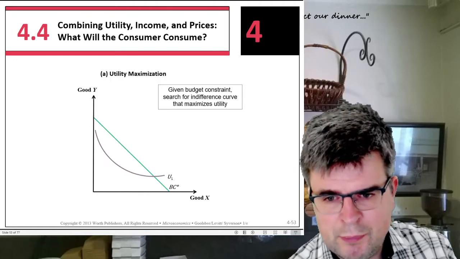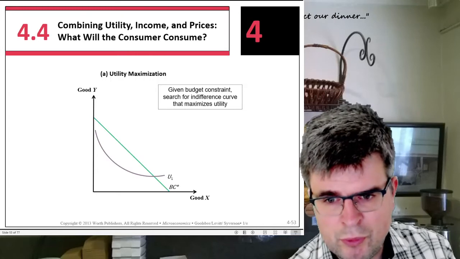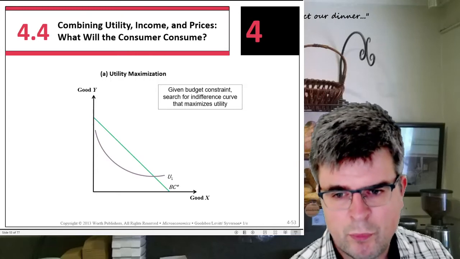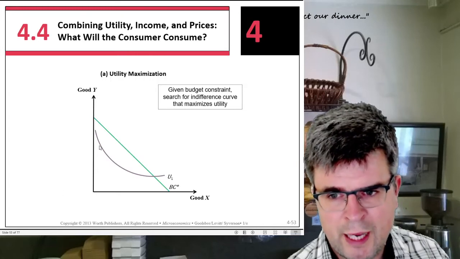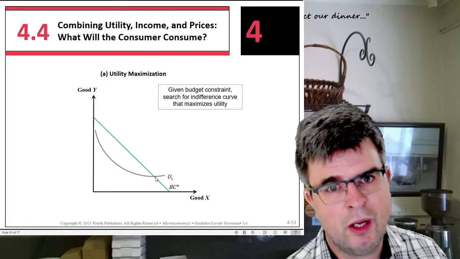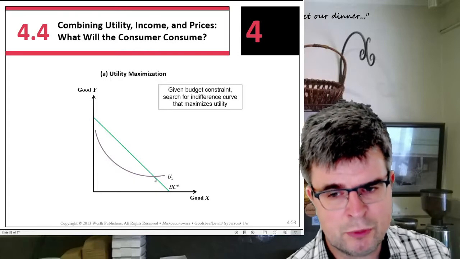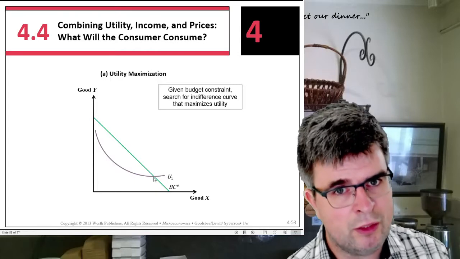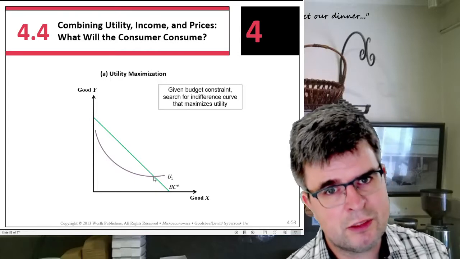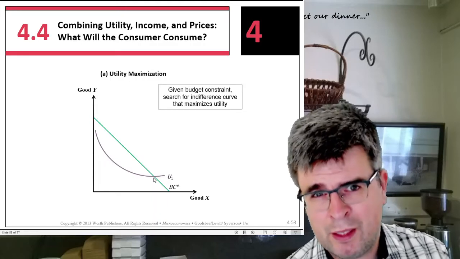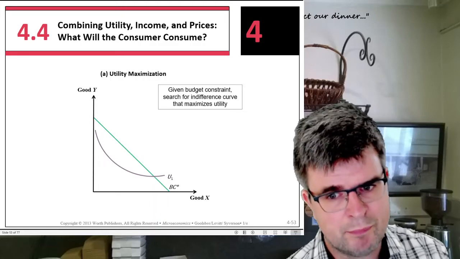Now, suppose that we have an indifference curve associated with utility level U1. Well, then all the bundles on this indifference curve give us a certain utility. So for example, we could select this one over here and we would get utility U1. But is this the best thing that we can do given our budget constraint?